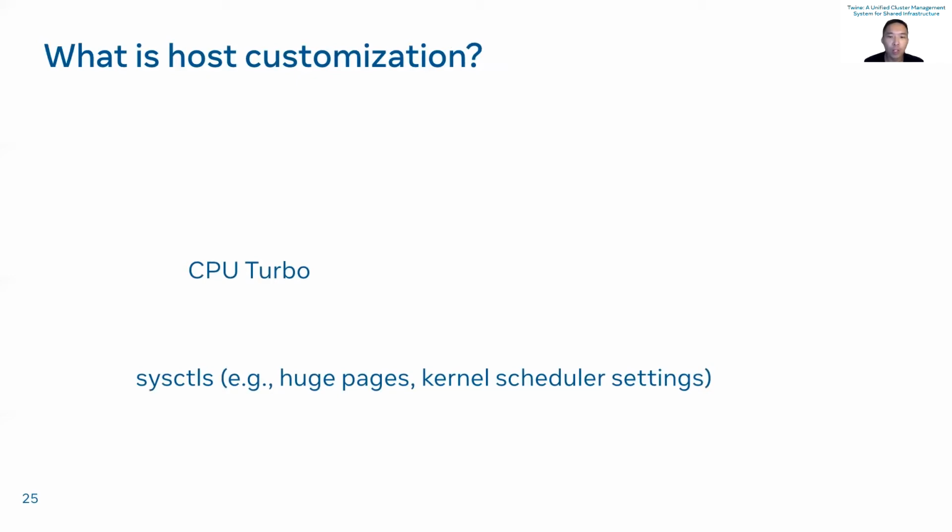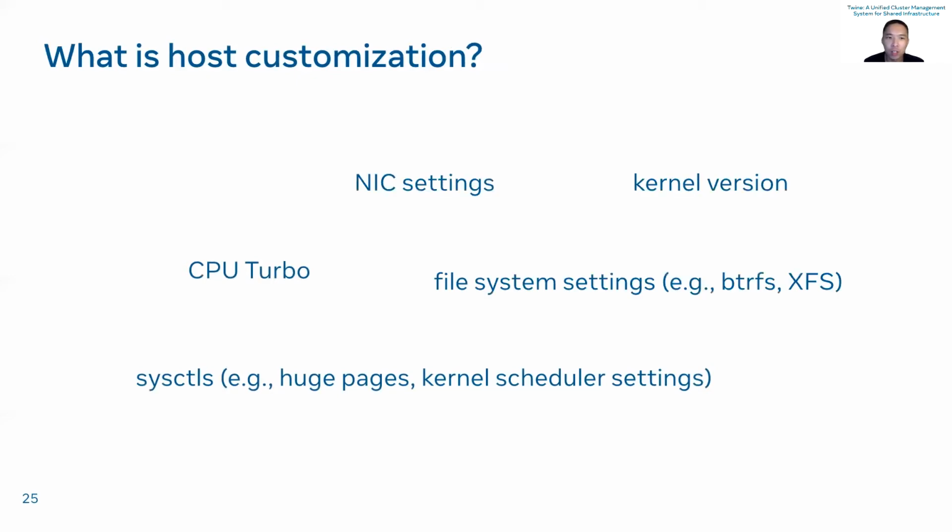Other host settings services might set include kernel versions, NIC settings, and file system settings. Sometimes one setting might be beneficial for one service and may be detrimental for another. This customization is at odds with the shared infrastructure, where any machine should be able to run any workload.